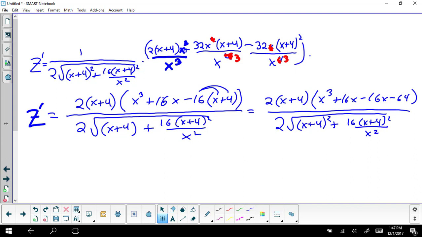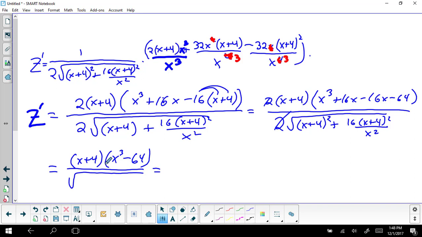All right? Wow. Derivatives a lot. It's getting down there, so let's see what we got. x plus 4, x cubed minus 64, all over this ugly square root. I'm not going to bother writing it again because what I've got up here is two zeros.